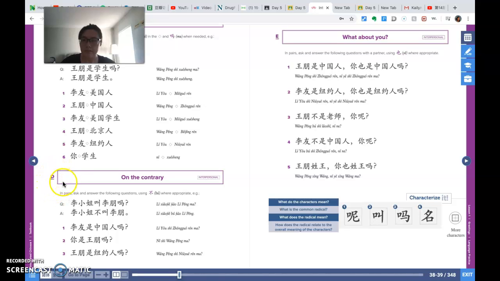Okay, the second part for the speaking practice, I will give you an example first, then I will ask the question, and you are going to answer the question, use 是 or 不是 in a full sentence.